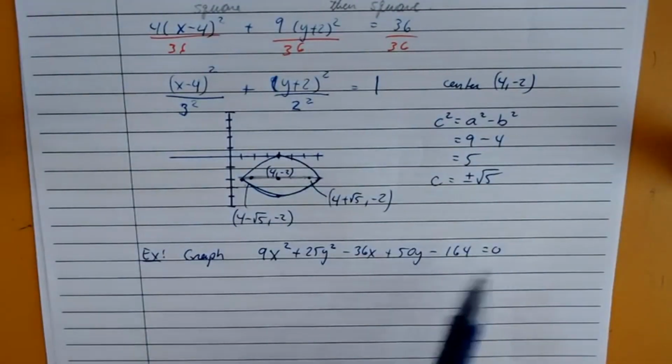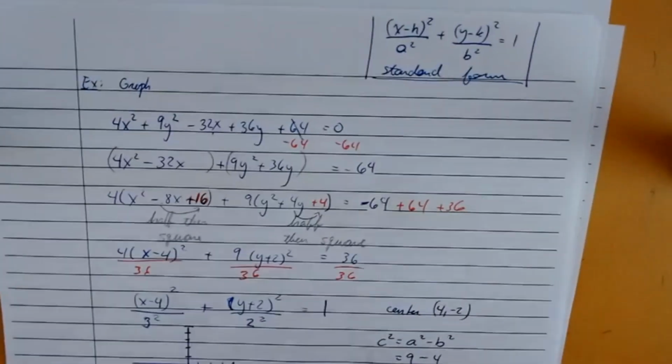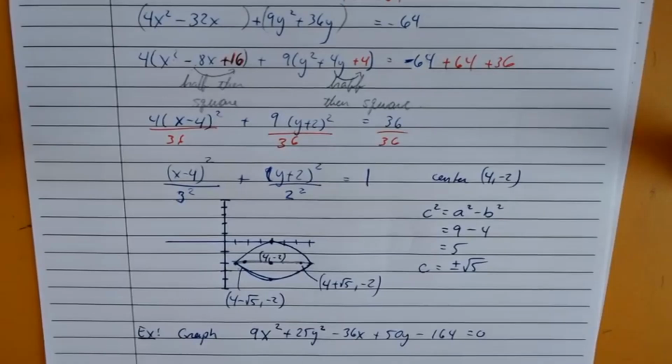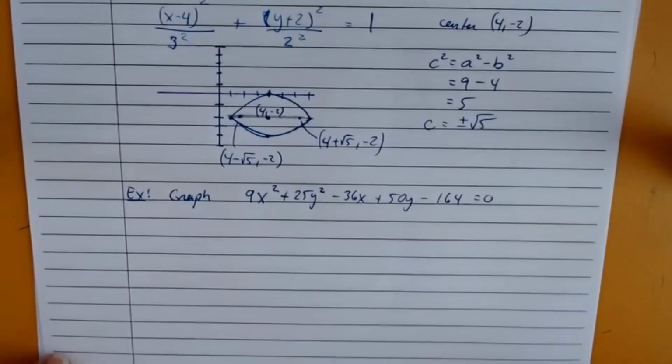Obviously, this cannot be graphed as it currently rests. However, if you can write that in the standard form by completing the square, then you can graph this one the same as we've graphed the last three. So go ahead and give that a try. Pause the video, give yourself whatever time you need, and once you're done, go ahead and unpause the video, and we can go through this one together.